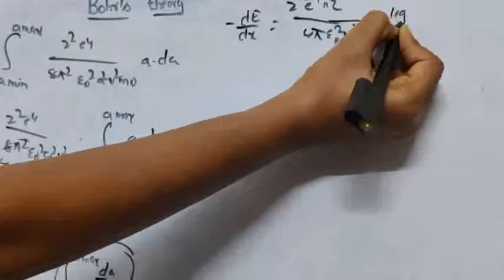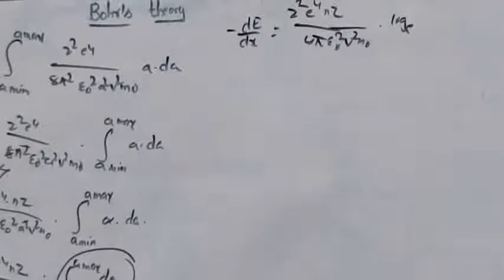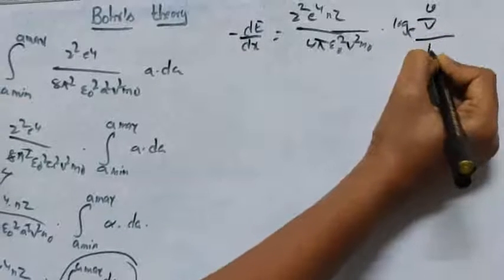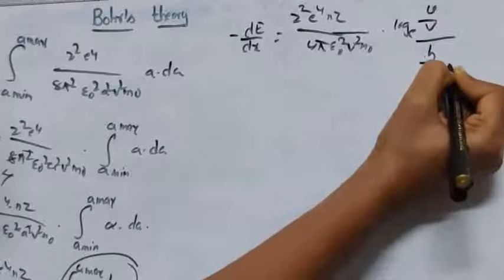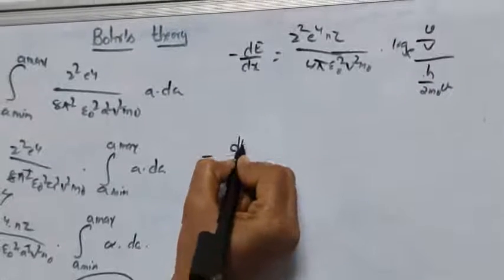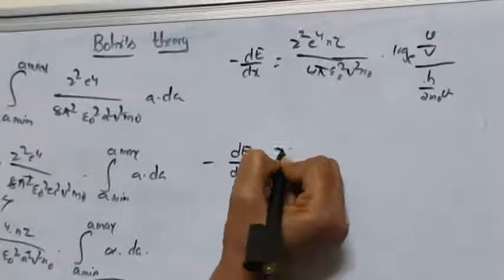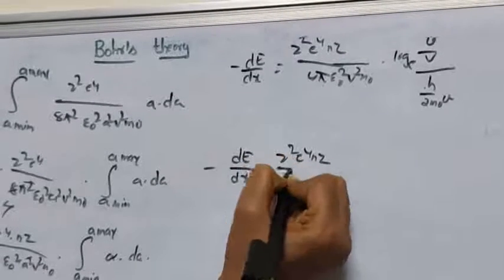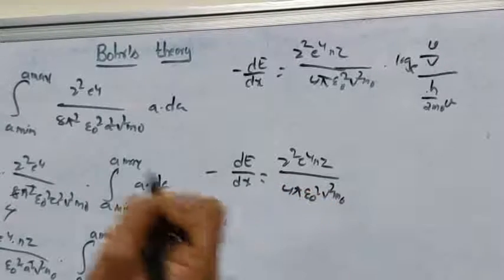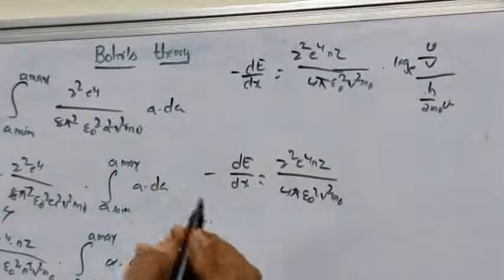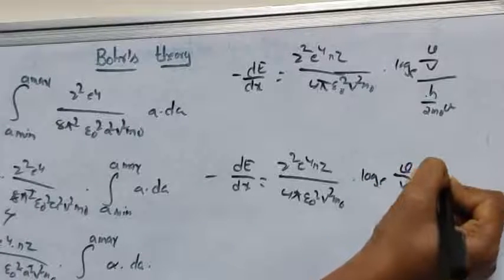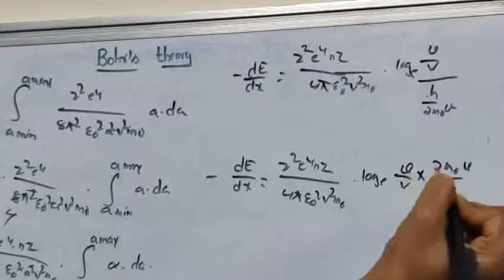Minus dE by dx is equal to z square e power 4 nz by 4 pi epsilon naught square v square m naught into log e. What is the A maximum value? Nu by v, divided by the A minimum value h by 2m naught nu. So overall, we can write minus dE by dx is equal to z square e power 4 nz by 4 pi epsilon naught square v square m naught, where m naught represents the mass of the electron, into log e nu by v into 2m naught nu by h.